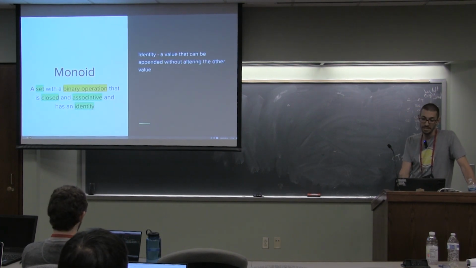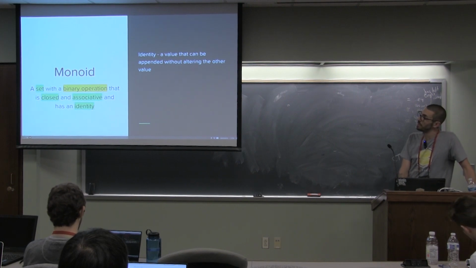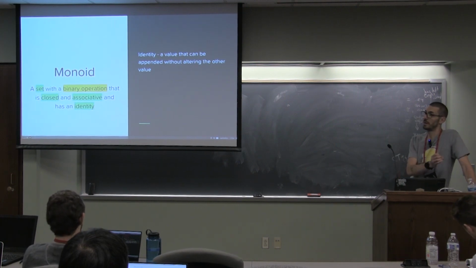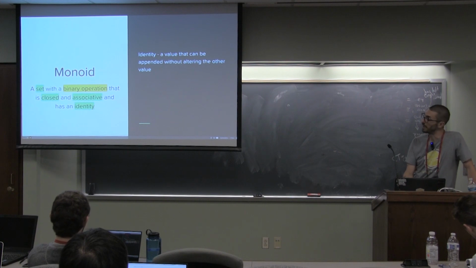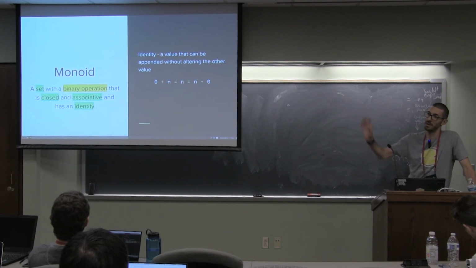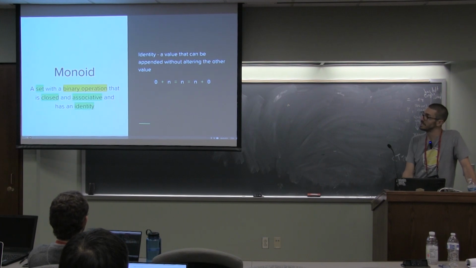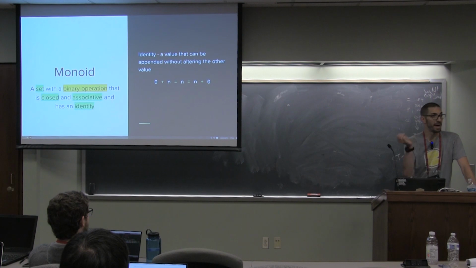An identity is just a value that can be appended to another value that will not change the other value, which looks way better in pseudocode. So 0 plus n is going to equal n, which is also going to equal n plus 0. In this case, the identity is commutative, so the identity value can be thrown on the left or the right of anything, and it still works.